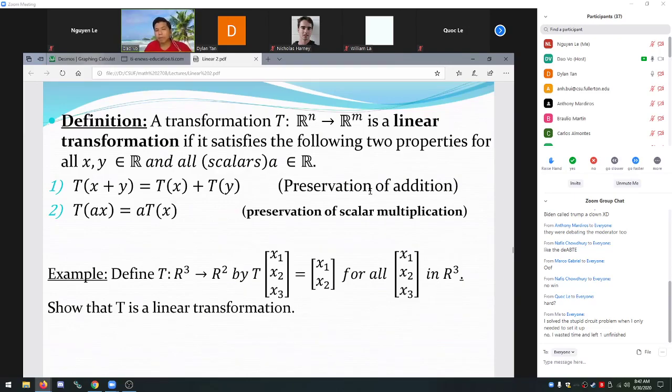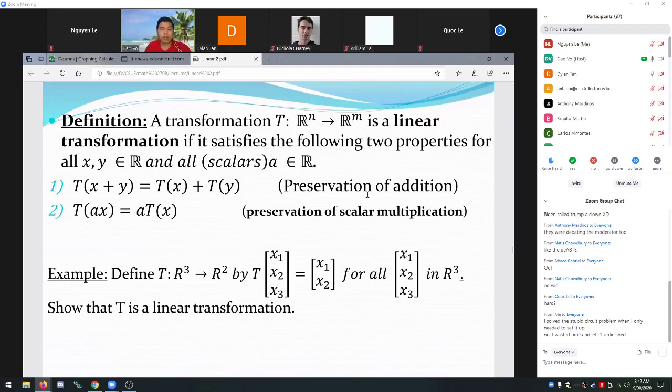Number two, it also preserves scalar multiplication. You can multiply the scalar into the input, or you can do the transformation first and then multiply the scalar after. So we can prove that it's a linear transformation if we can satisfy those two. Okay.